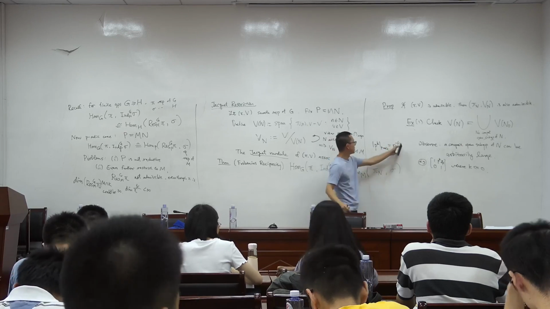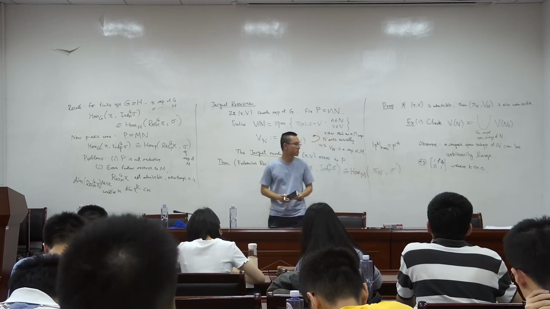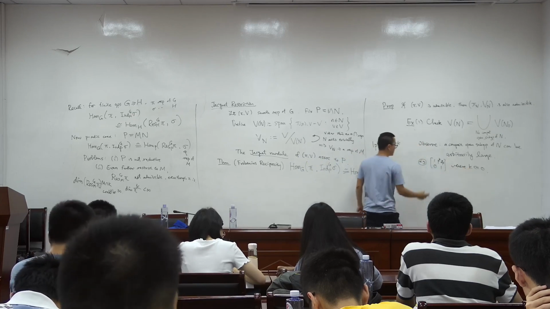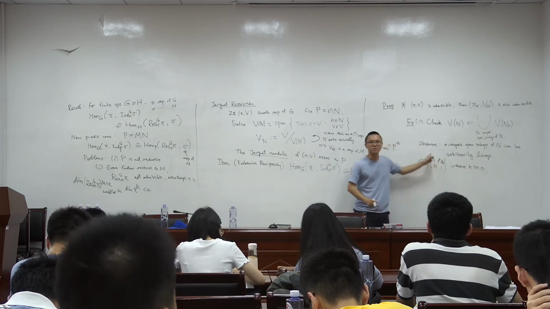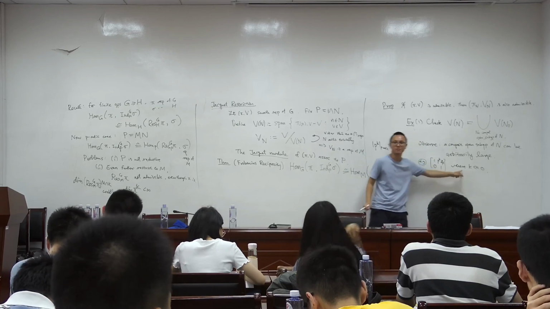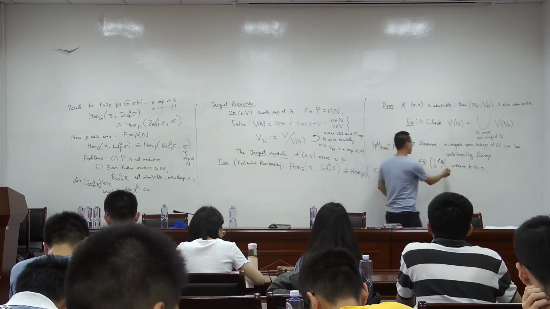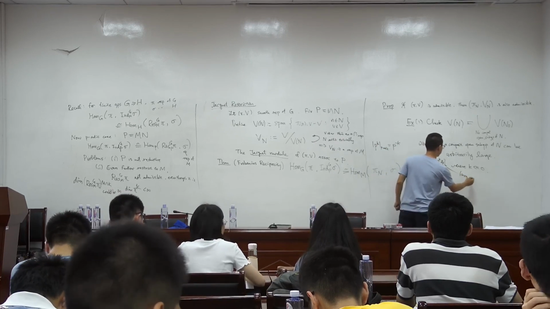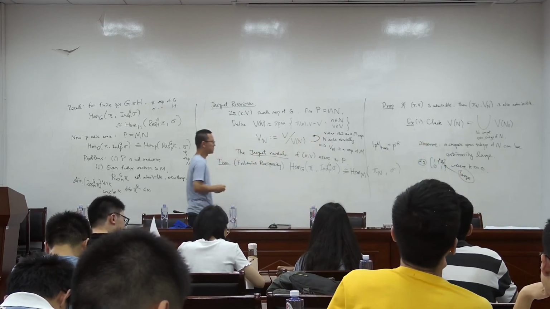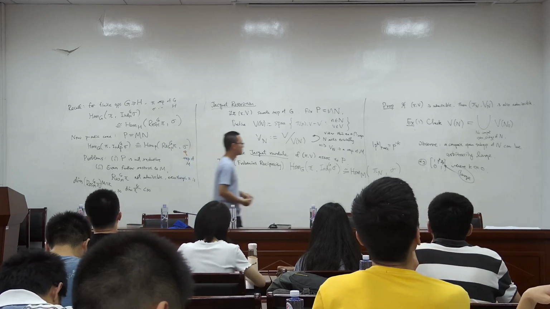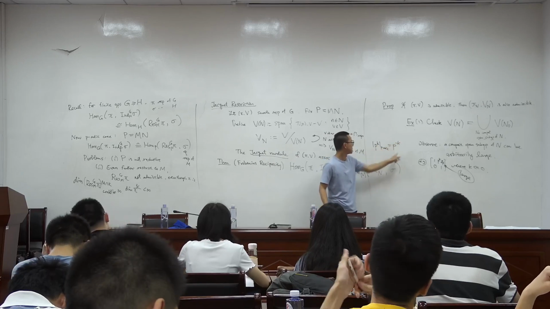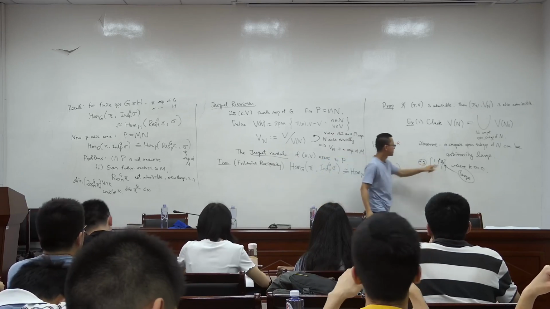Remember this minus sign here. That means if k is negative, this ideal is actually a large ideal. If I take k to be very negative, this is large. Because if k is negative, this is positive. So the size of this is very large.